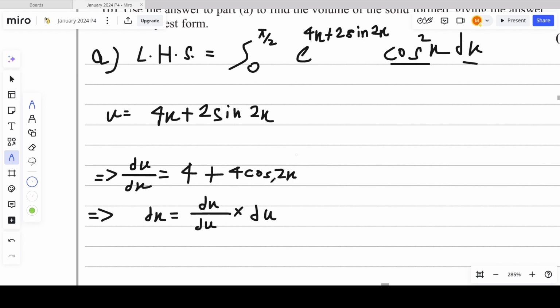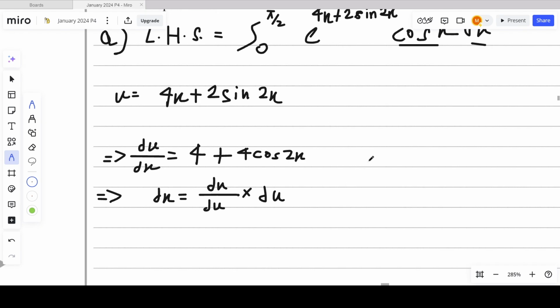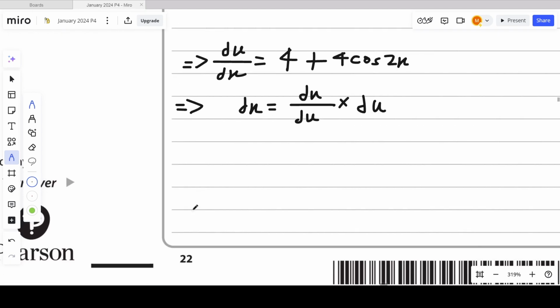Now we need a substitute for cos squared x. I think cos squared x will get eliminated as you put the substitute for dx. Let's see whether it gets eliminated or not.